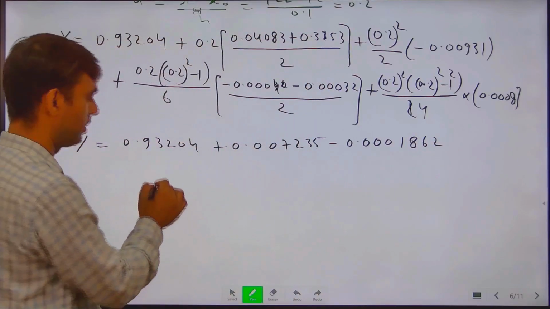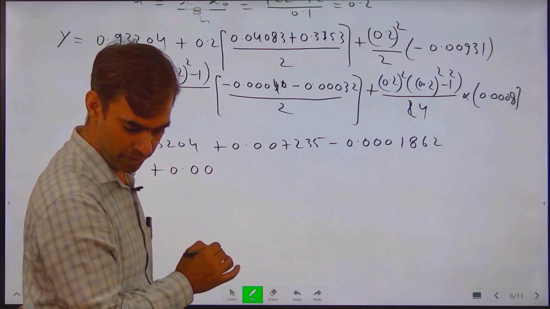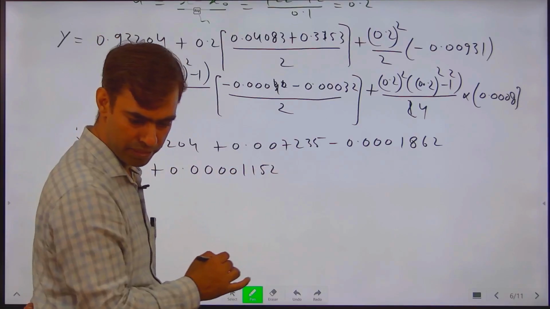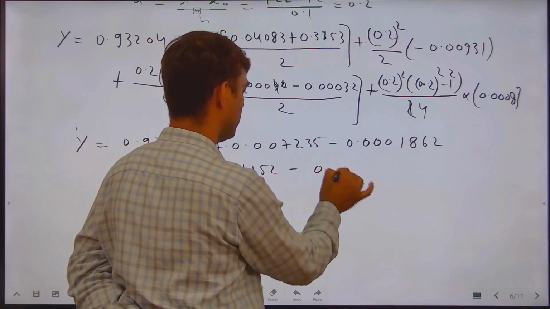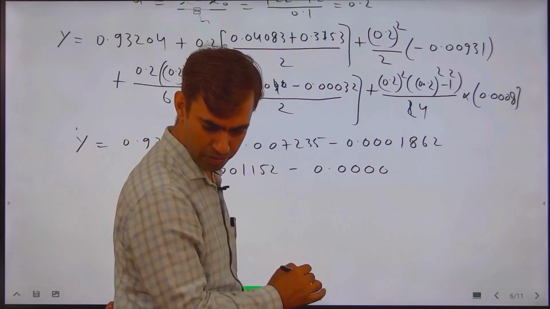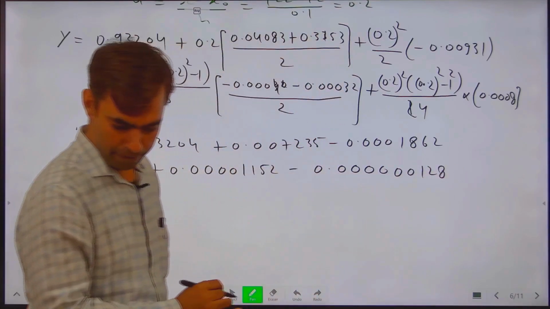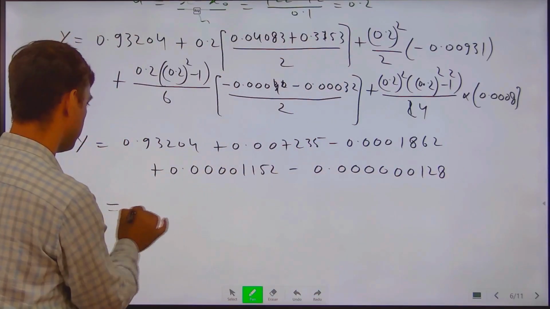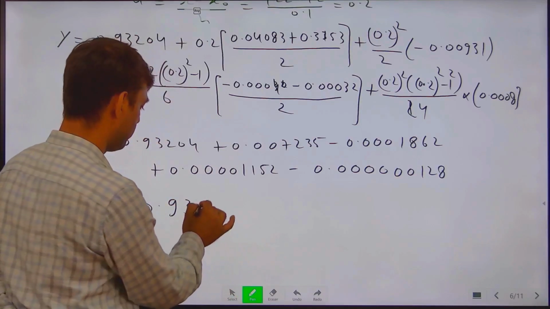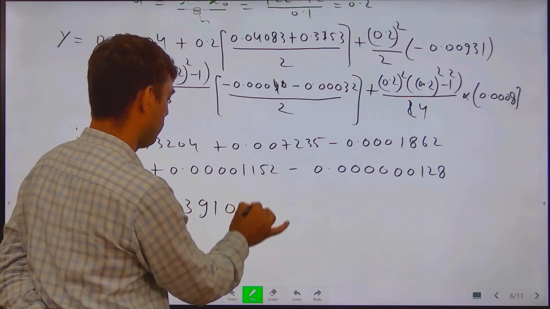Third term is plus 0.0001152, and last term is minus 0.000, how many zeros? 6 zeros, 128. So the final result is 0.939100192.